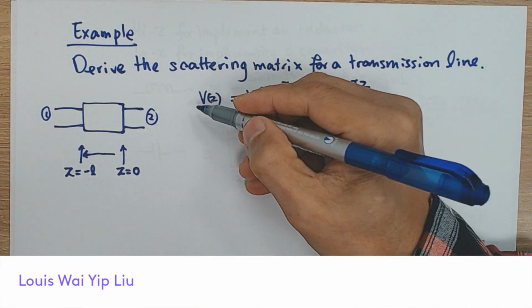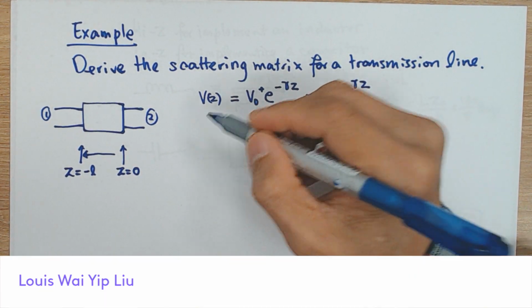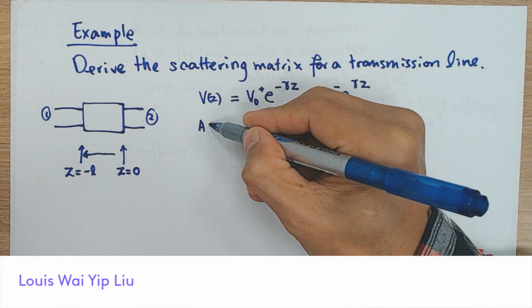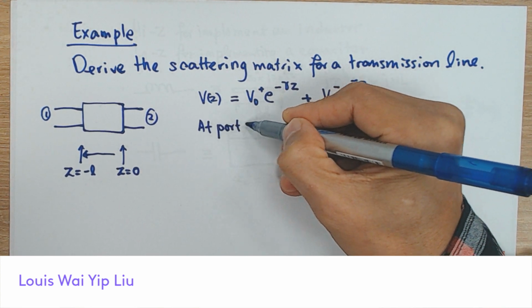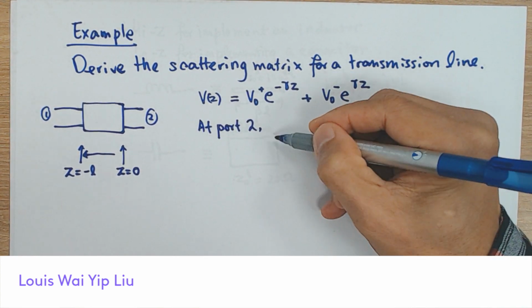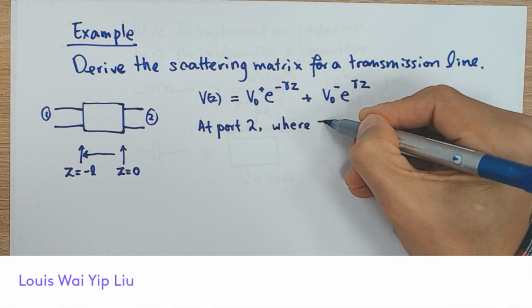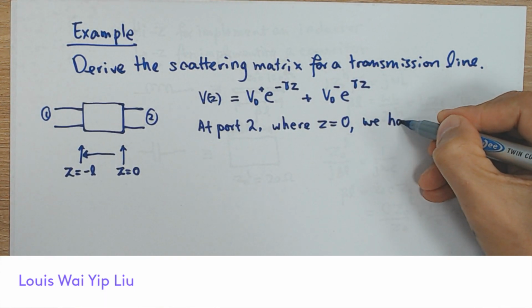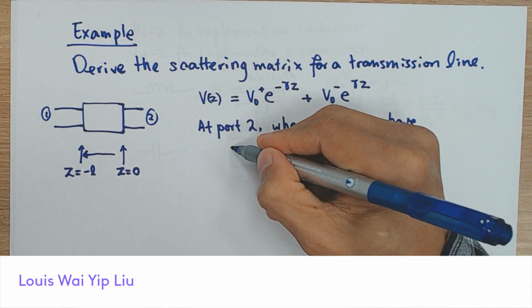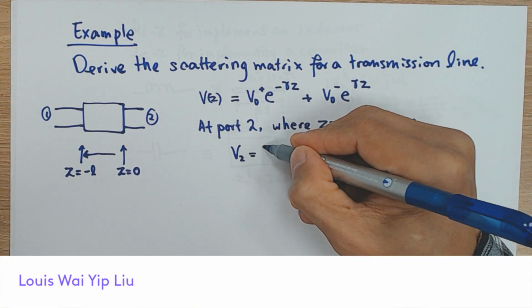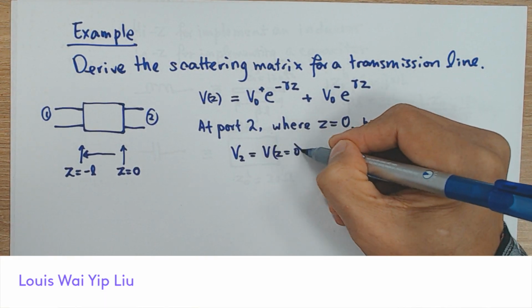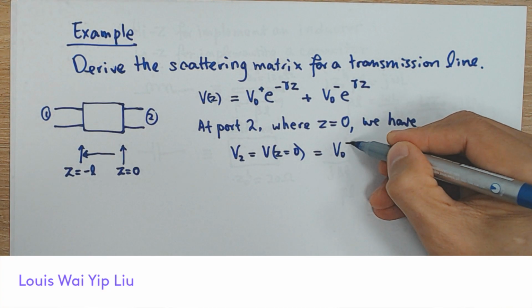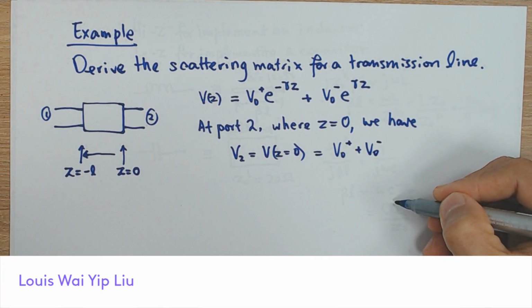And if we substitute now at port 2, where z is equal to 0, then we have V2 is equal to, with z equal to 0, according to this equation, V plus and V minus.